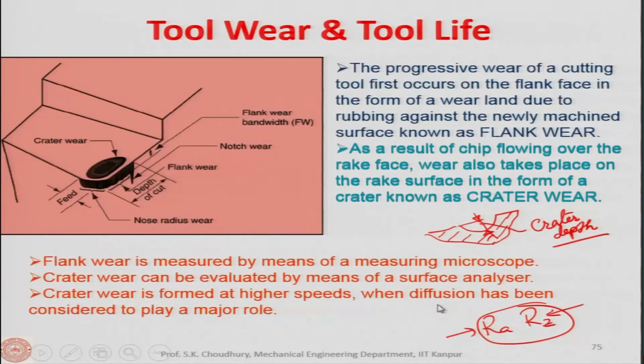So, temperature is a factor. Therefore, we are saying that the responsible mechanism for the crater wear is diffusion, whereas for the flank wear, it is normally abrasion or adhesion, because flank wear takes place at a normal or lower speed, of course, at a higher speed as well, but at that time the flank wear has already been formed.